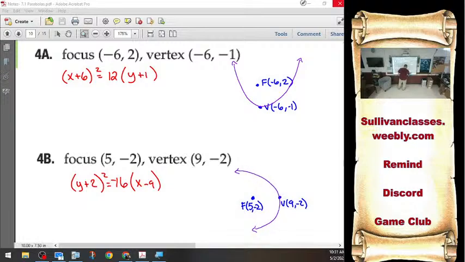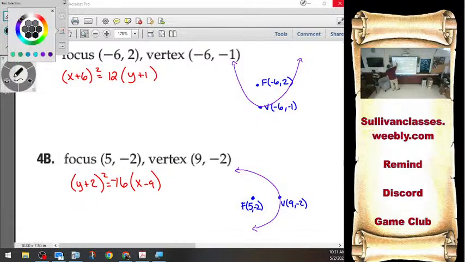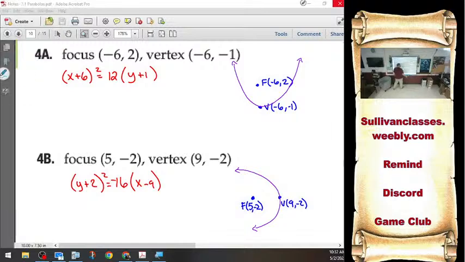If you know a focus and a vertex, you know an axis of symmetry, you at least know the direction of the directrix.